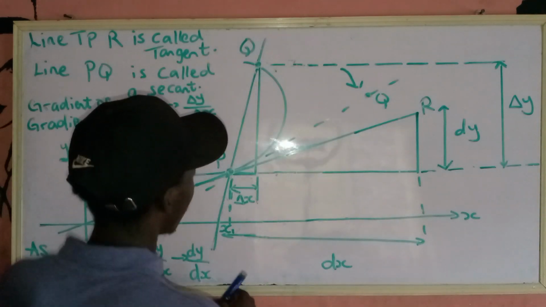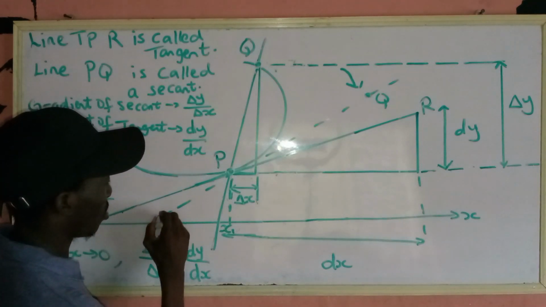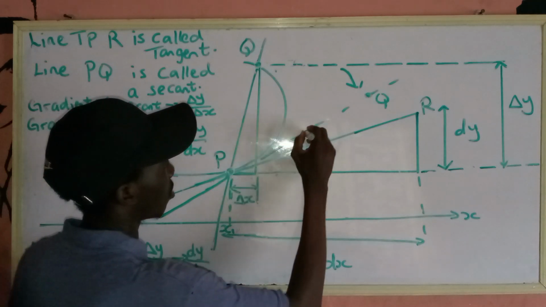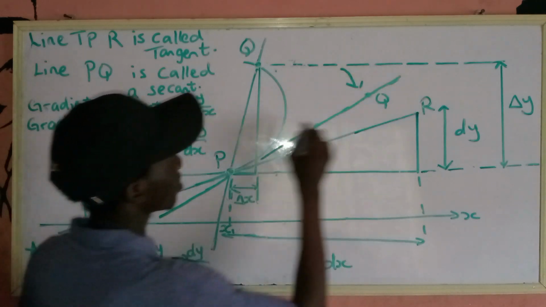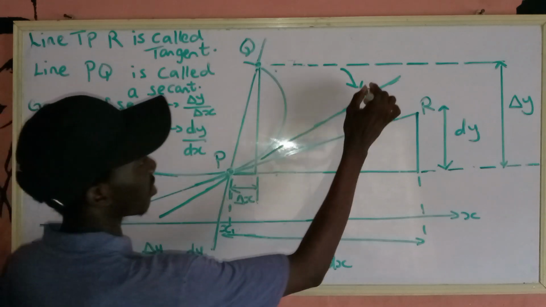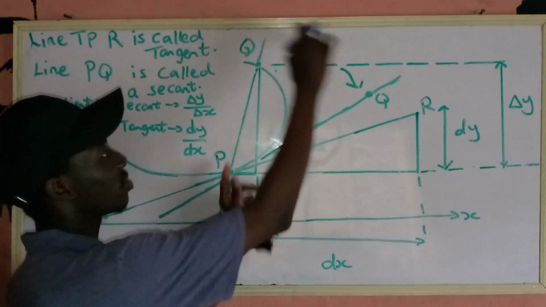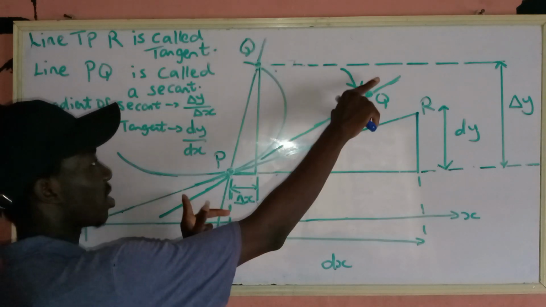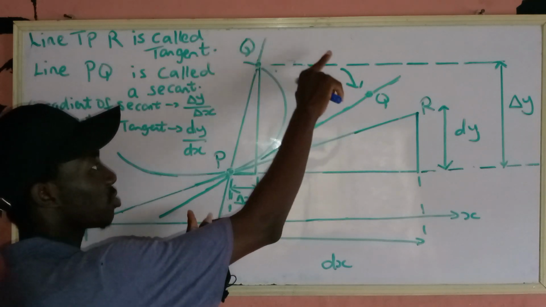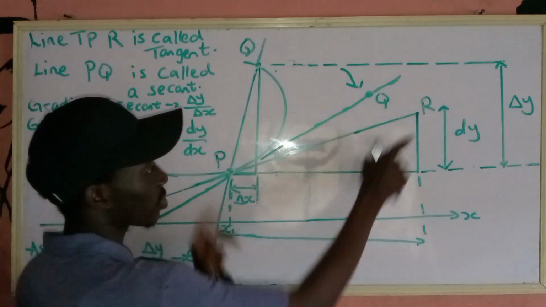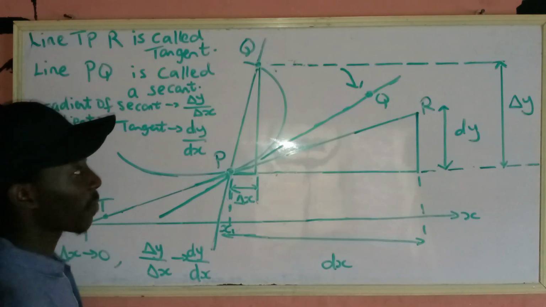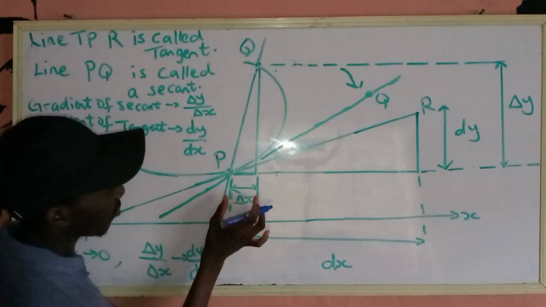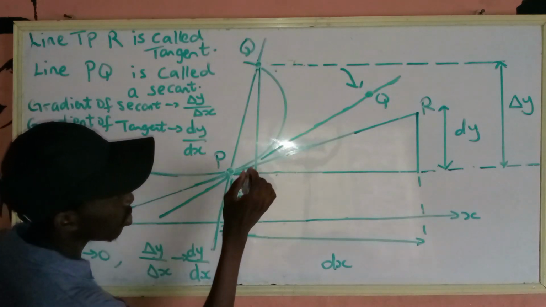Let me draw another line so you see what I'm saying. You can see this same line is this same line. I turned it to become this line. So when you turn this line continuously, it leads to this line TPR. But before that, when I turn the line like this, it had the base of this.